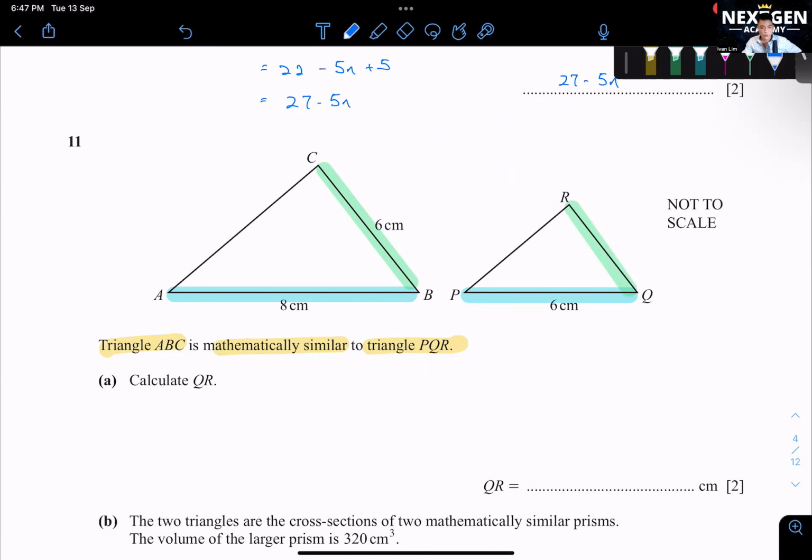We are going to do the ratio theorem again, the same exact thing. So how do we do it? Let's call this x. QR, there's a name here already, right? QR.